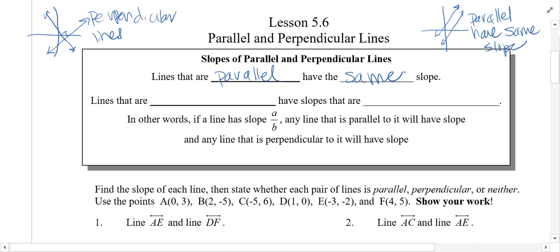So they're never going to intersect, they have the same slope. Lines that are perpendicular have slopes that are what are called opposite reciprocals.